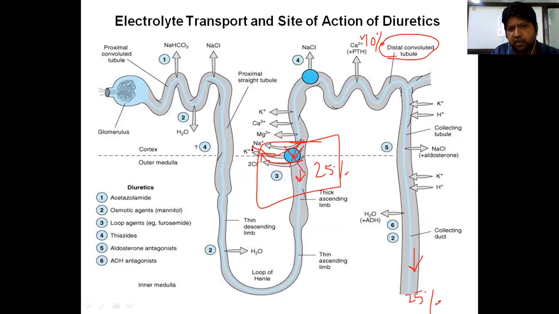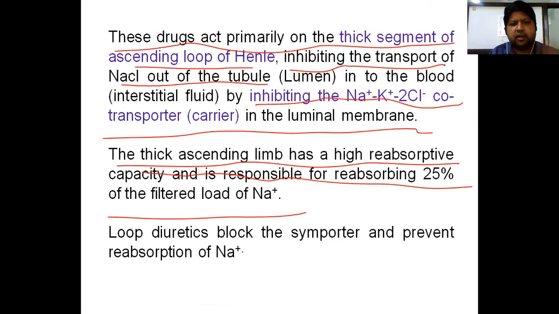But if you block this pump, the sodium potassium chloride co-transport system, with loop diuretics, definitely that 25% will travel all along the length of the nephron, and finally come into the urine. So that is the concept. Got it?